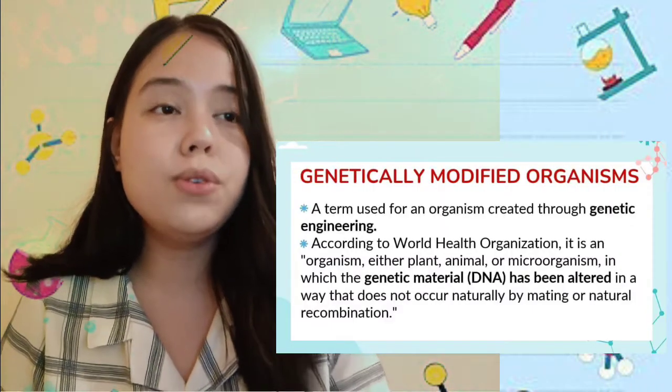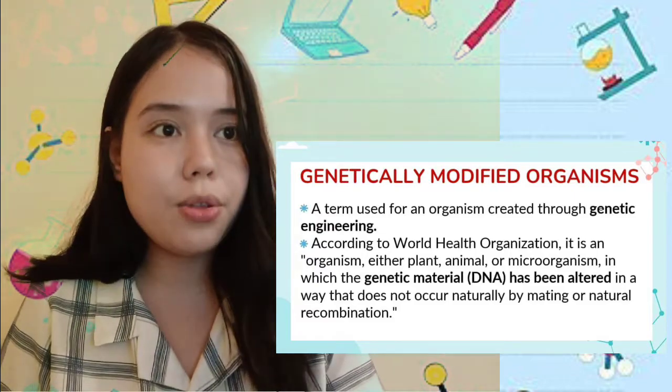We can have first the answer to what is a genetically modified organism. It is a term used for an organism created through genetic engineering. So what is genetic engineering? It is a general process that involves the manipulation of the organism's genes, where it may involve transfer of genes from other organisms.